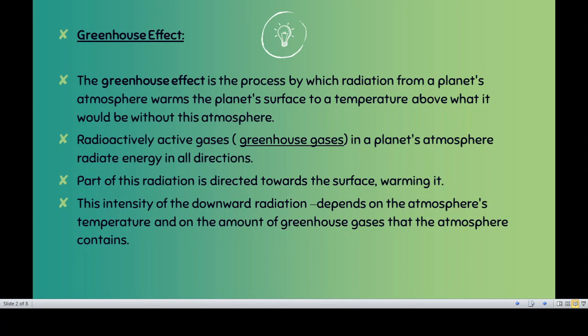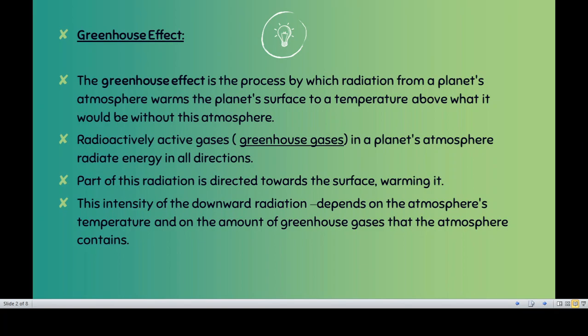So you have to be clear with the concept of greenhouse gases, because unless and until you have a clear idea about the greenhouse gases, it becomes really very hard to understand the greenhouse effect. Okay, so let's start with the greenhouse gases and slowly we'll move from greenhouse gases to the greenhouse effect, and then how these effects take place and how they work.